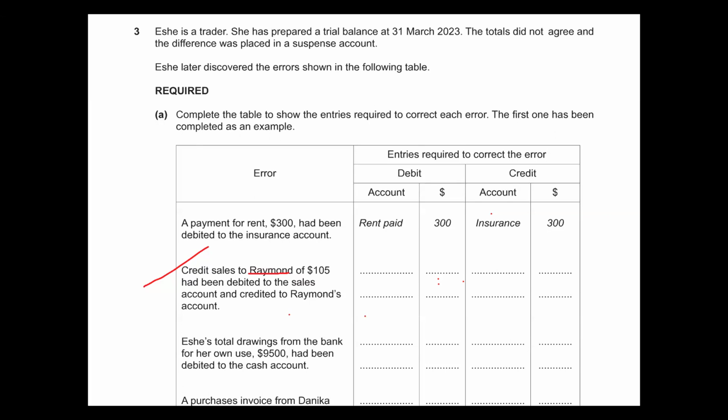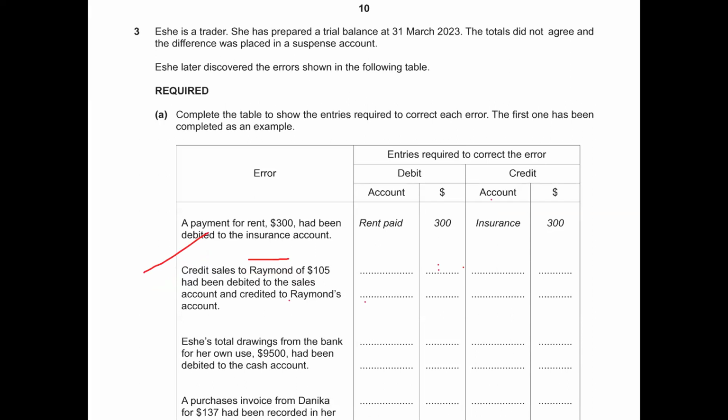So the question is, what could be the correct entries? You guys, you're following. Zahi, go ahead. You debit Raymond's account and credit the sales account.